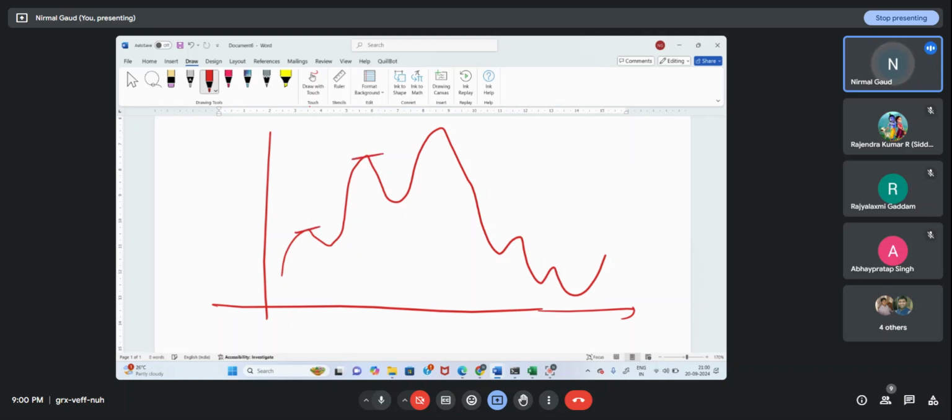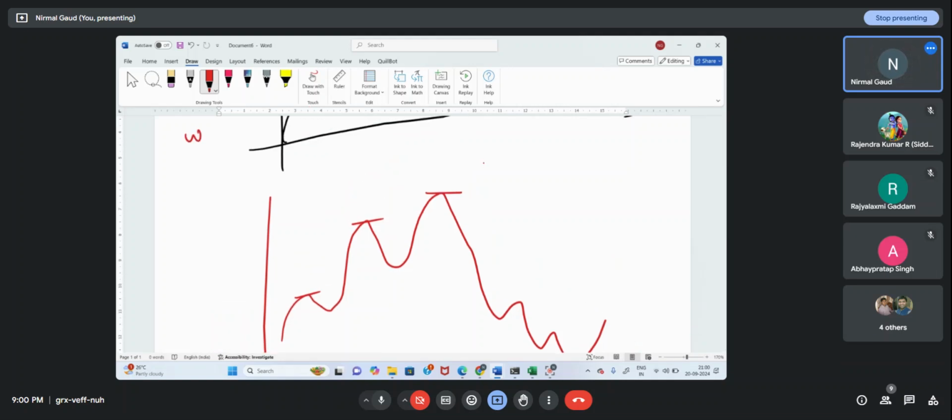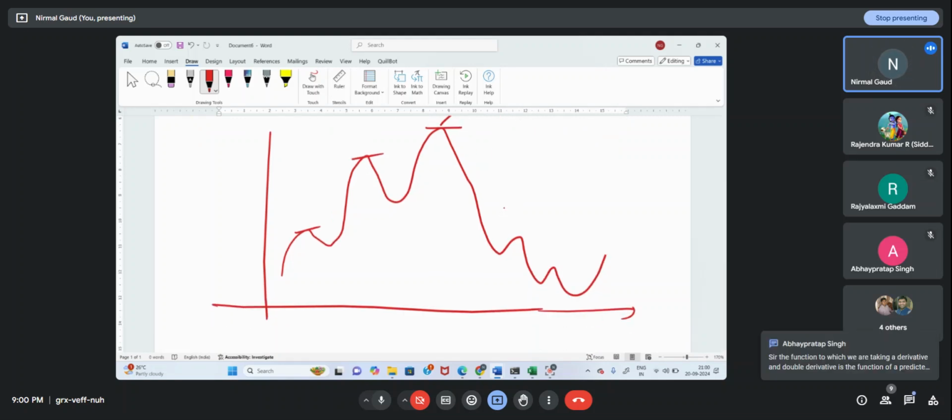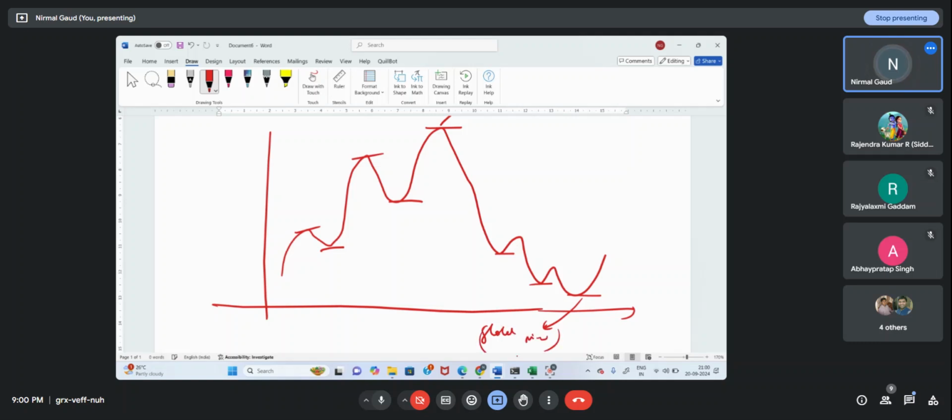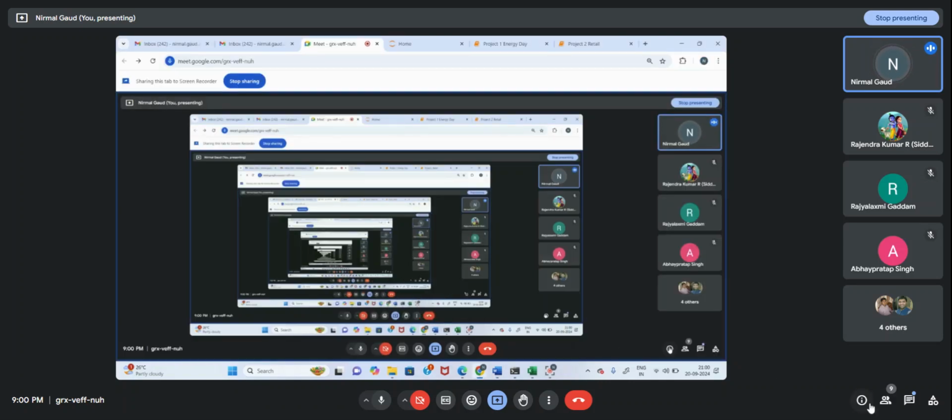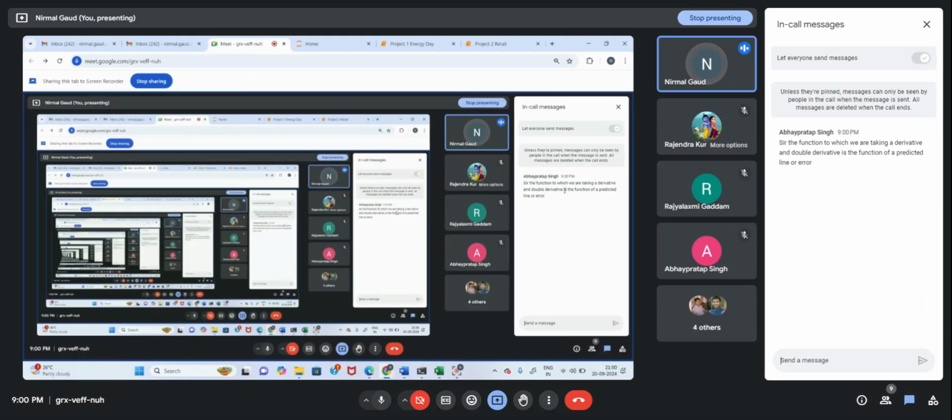This is also a minima, and this is the global minima. That is the minimum of all and the maximum of all. That's what we call the minima and maxima.